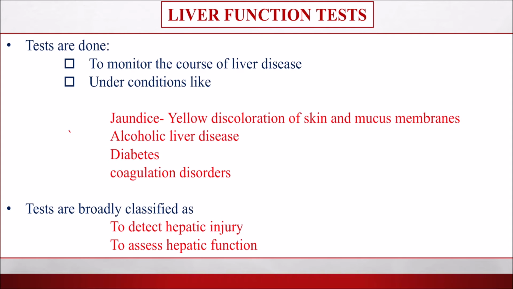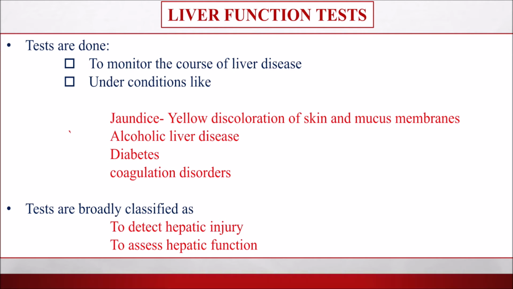And what are the different types of tests that can be done to assess liver function? Liver function tests become essential under conditions like jaundice, alcoholic liver disease, diabetes, and coagulation disorders. So, under these disease conditions, how do you assess the liver function?